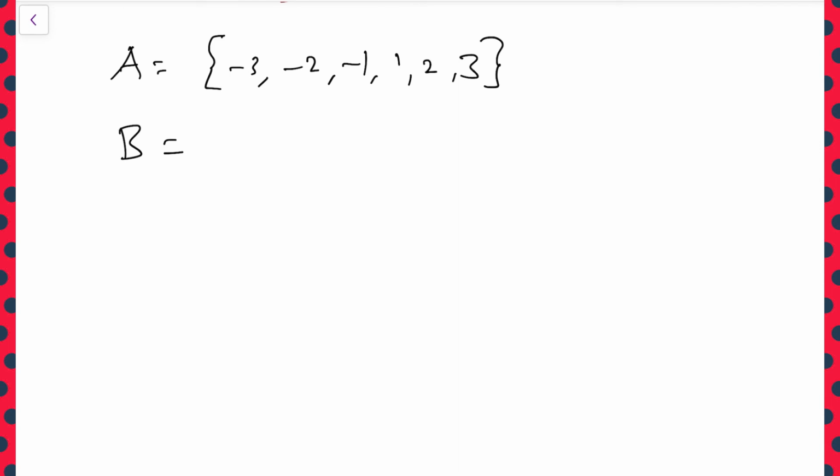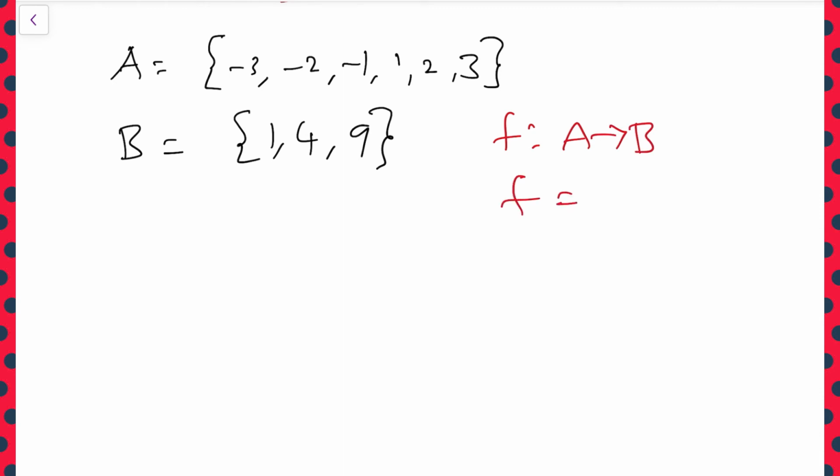Set B is given as 1, 4, 9, and he is defining the function from A to B, where f(x) = x square. Set A and set B are both given. Let us check whether it will become an injection or not, whether it will become a surjection or not.